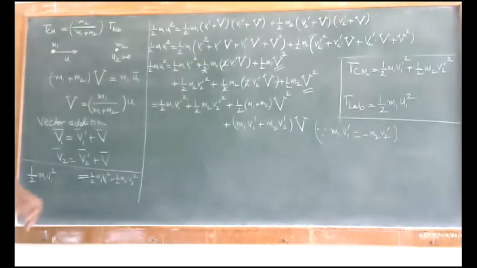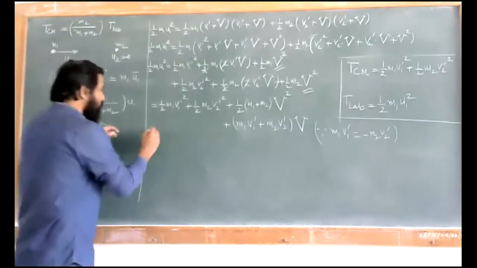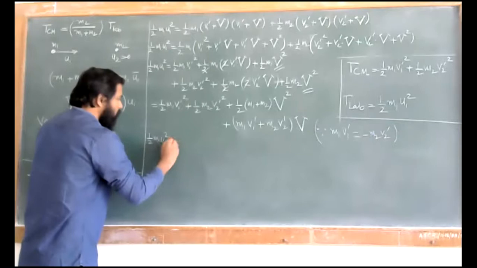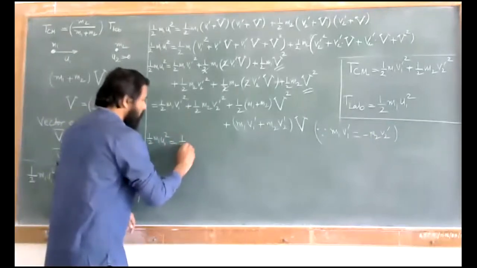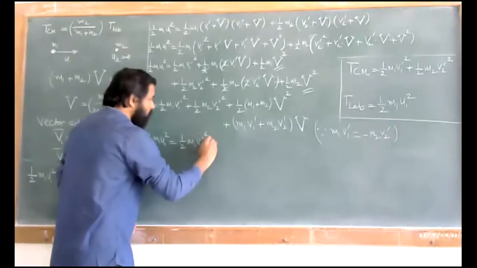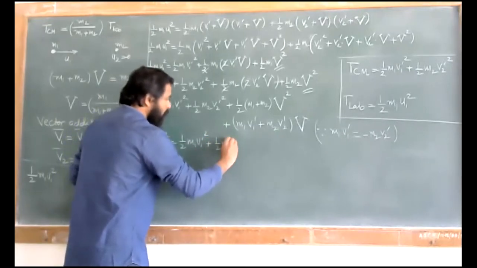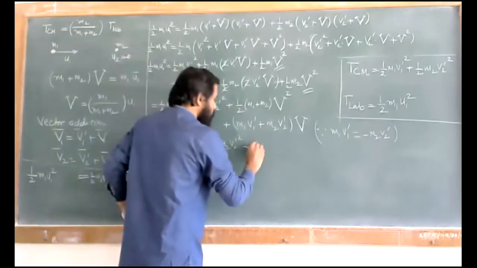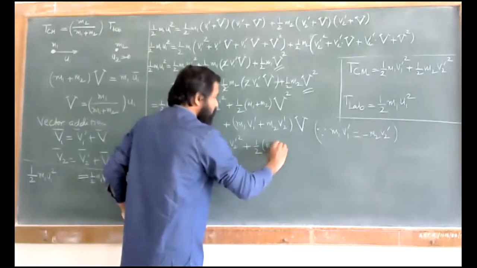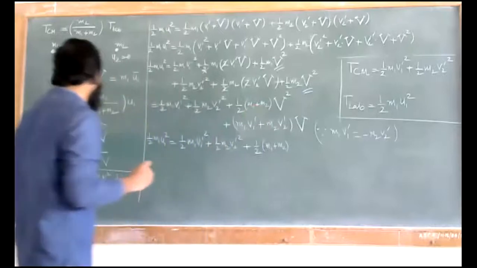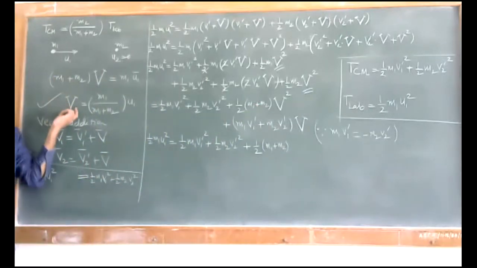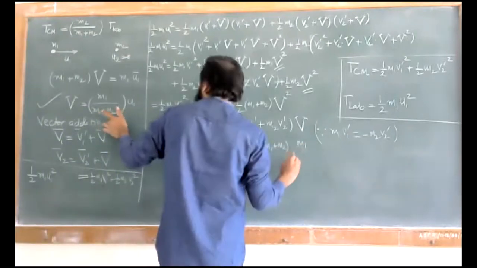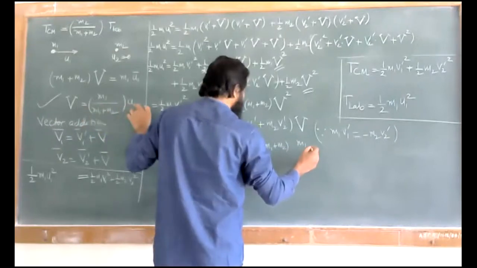And so what is remaining there? The remaining condition is 1/2 m1 u1 square is equal to 1/2 m1 v1 dash square plus 1/2 m2 v2 dash square plus 1/2 into m1 plus m2, and we have already defined the value of capital V with respect to the center of mass, which is m1 divided by m1 plus m2 into u1, and we take its square.